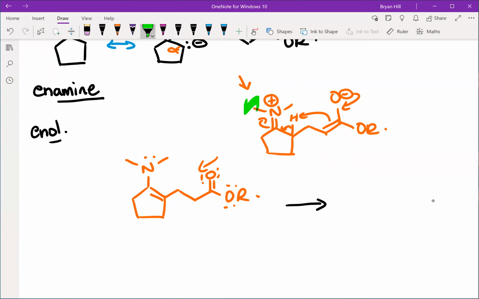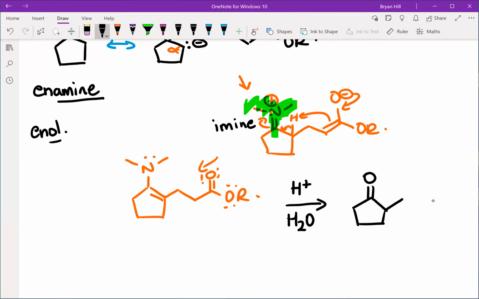group here is an imine. These are susceptible to, if you've got acid and water, these get hydrolyzed back to the ketone. So ketone.